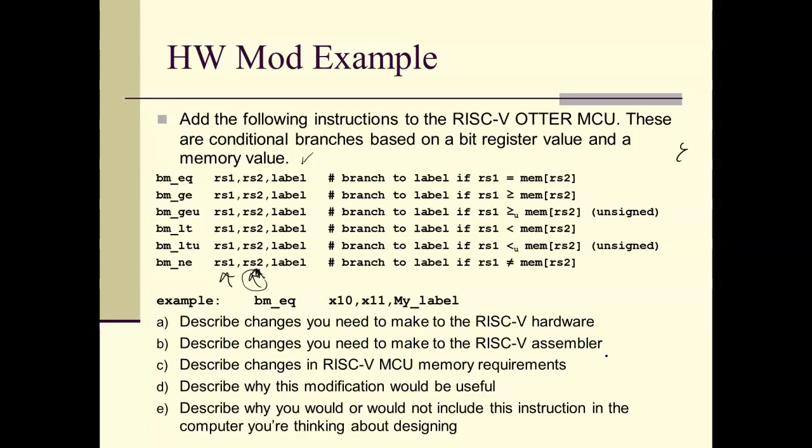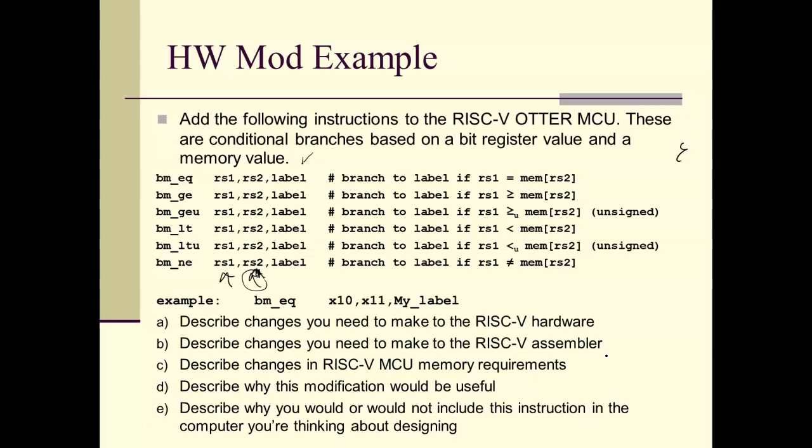And so this modification, it'd be actually useful if my application is doing a lot of compares with data in memory. Now, it's not a big deal without these instructions, to bring it from memory into a register and do a normal type and compare, but this is going to save a little bit of time and effort, number one. Number two, it's not going to require the use of extra registers, which could potentially be an issue.